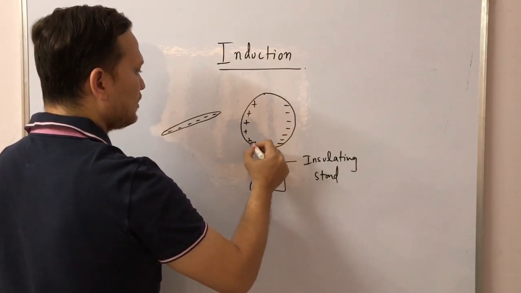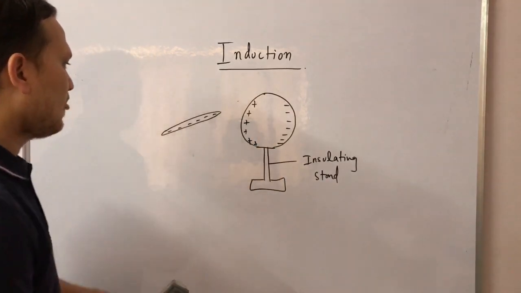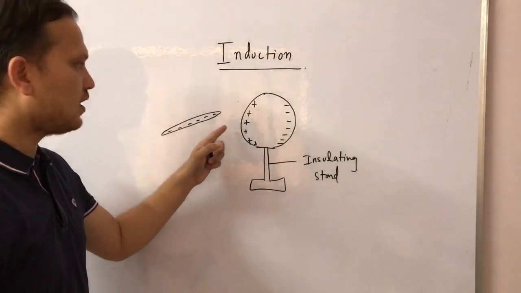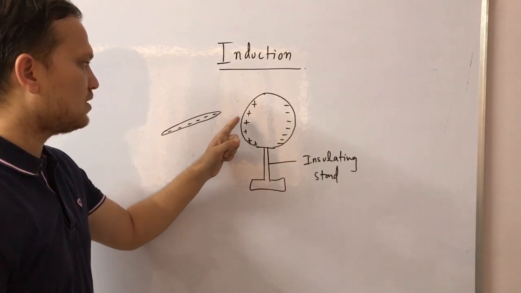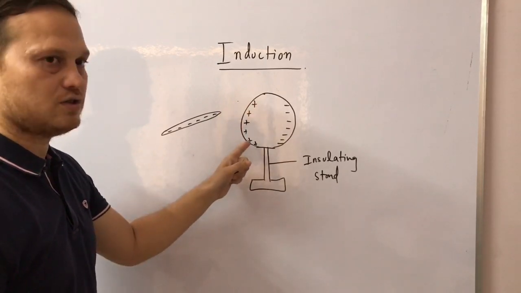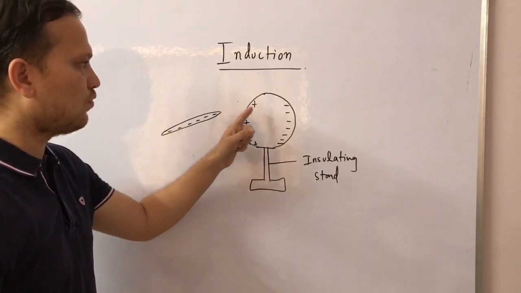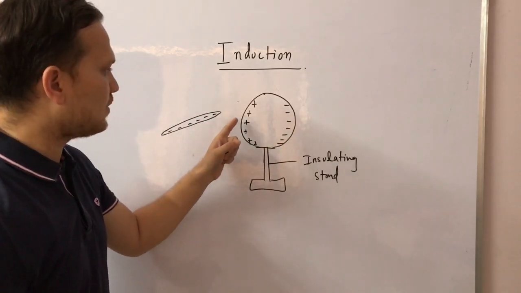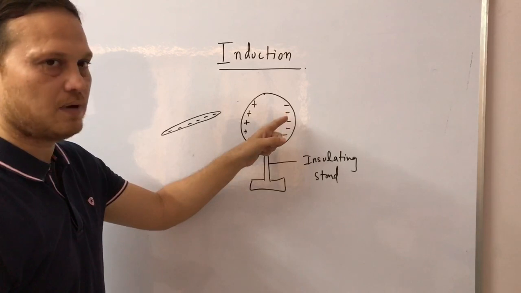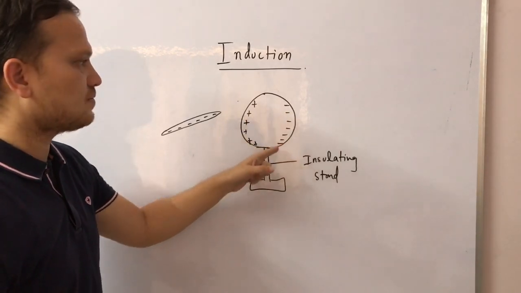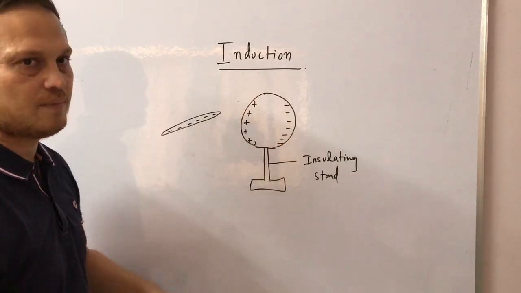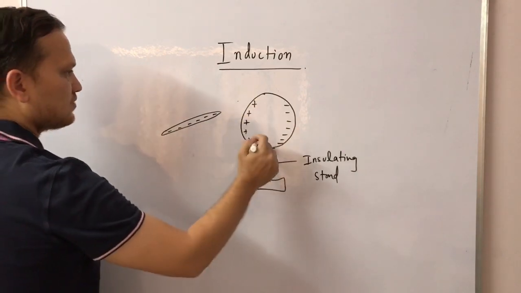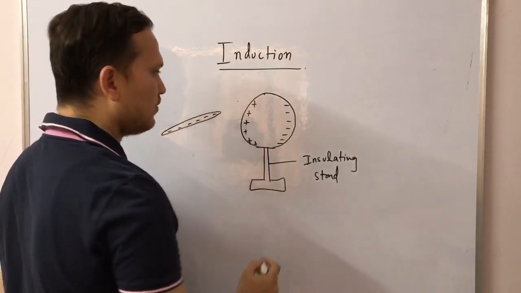What is the reason why this is so? Because when you bring this rod nearer to this face, the electrons on this face start moving to this part. The reason is repulsion. Because of the repulsion, they move from this part to this part, and this becomes excess and this becomes deficiency, and because of deficiency this part becomes positively charged and this becomes negatively charged.